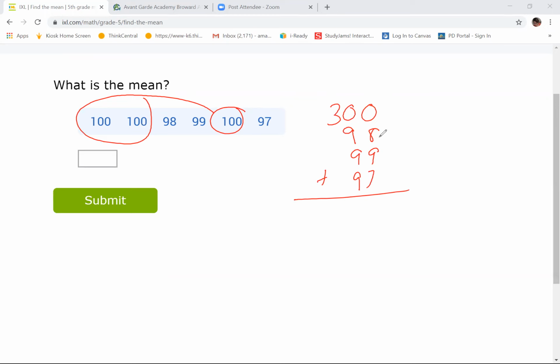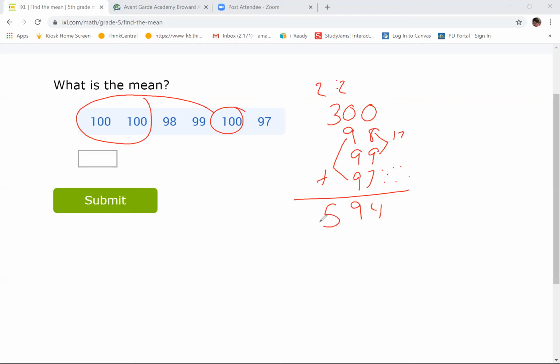And here, 9 plus 8 is going to be 17, right? 17, 18, 19, 20, 21, 22, 23, 24. Regroup. I have 3 9s, and I know that 9 times 3 is 27. 28, 29. Regroup. And 594.